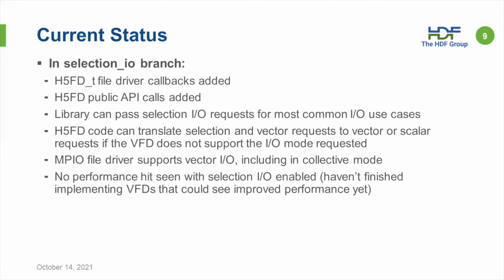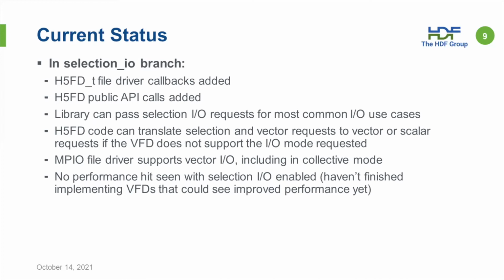So here's where we're at right now. We've added the file driver callbacks. As you can see, we've added the public H5FD calls where you can call these file driver routines directly. Although, in most cases, you won't use that from most applications because you don't want to go around the HDF5 library. And the library will build these selection IO requests and pass them down to the file driver layer in most cases.